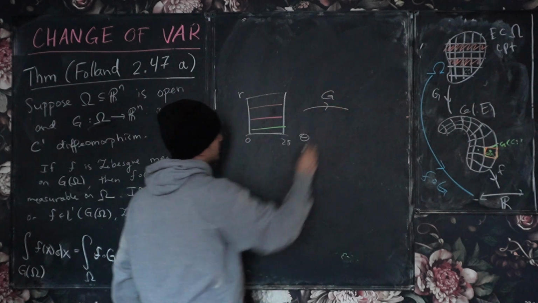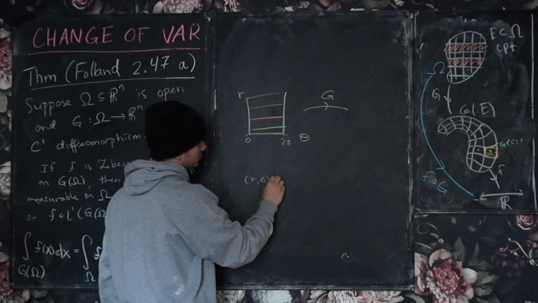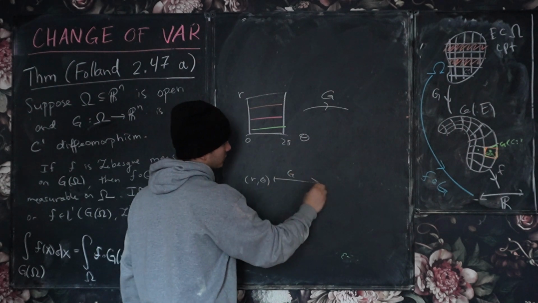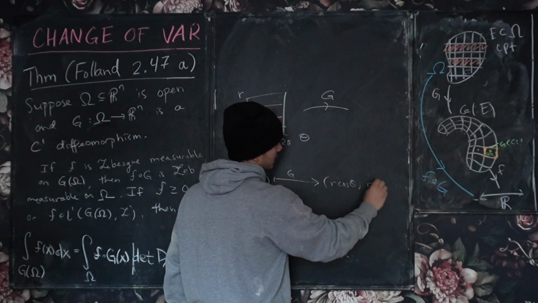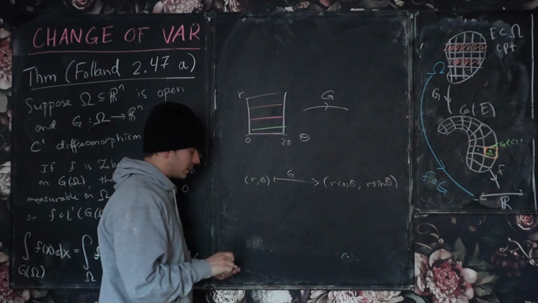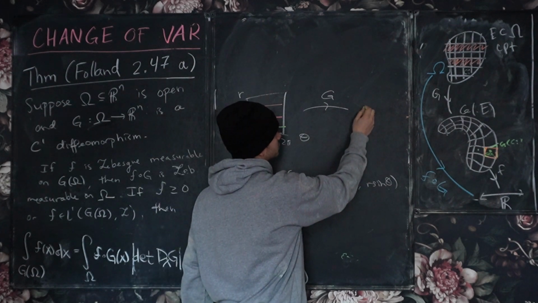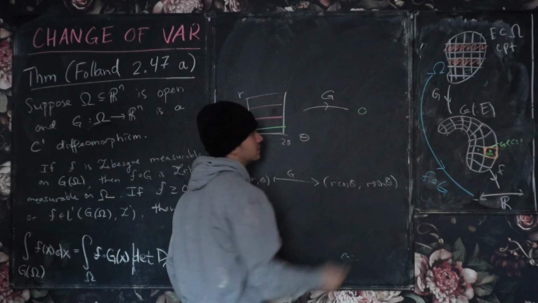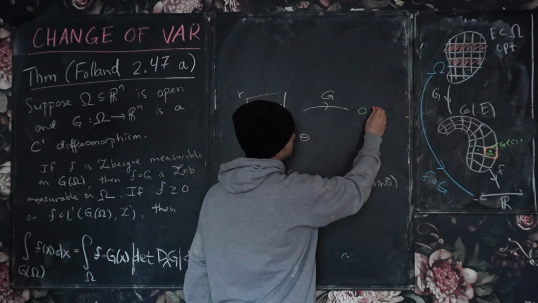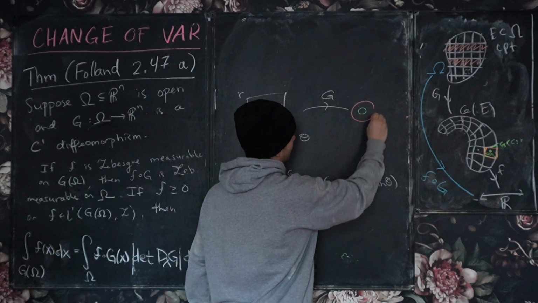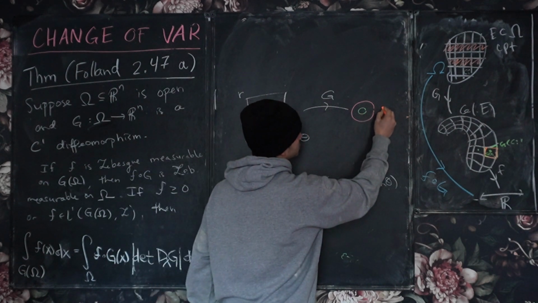Remember, g sends r, theta to r cosine theta, r sine theta. This first line is going to get mapped to a smaller circle, like this. The next line, the pink line, is going to get mapped to a larger circle. And then the orange line will get mapped to an even larger circle.